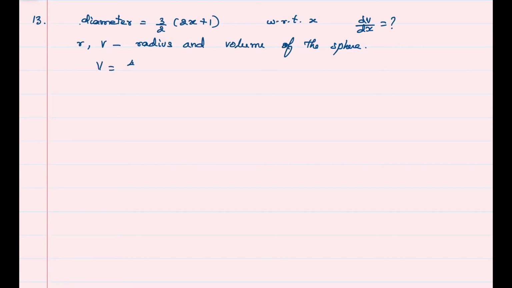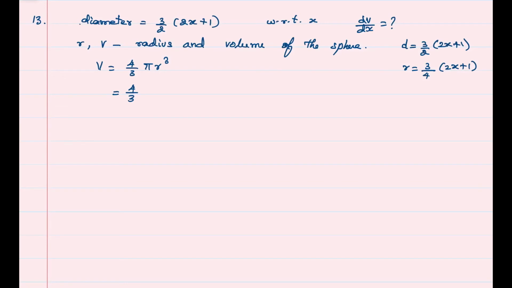Volume of the sphere formula is 4 by 3 pi r cube. We will substitute for r. Diameter is 3 by 2 times 2x plus 1. Therefore, radius will be half of it, 3 by 4 times 2x plus 1.